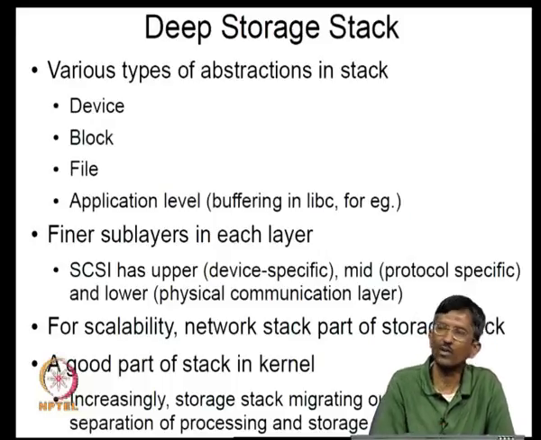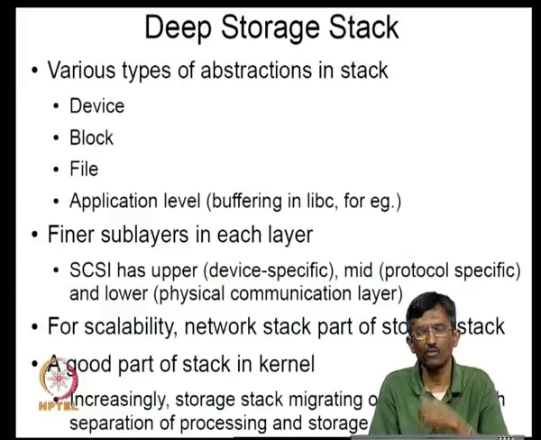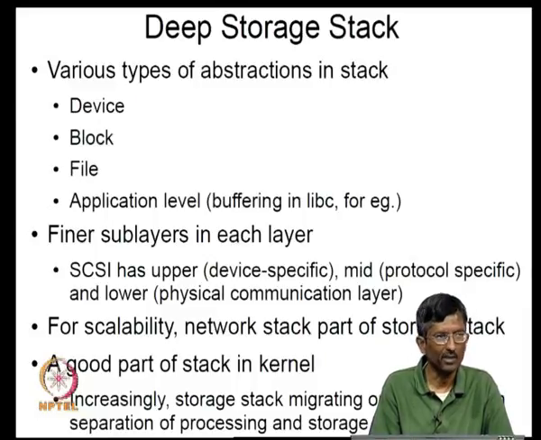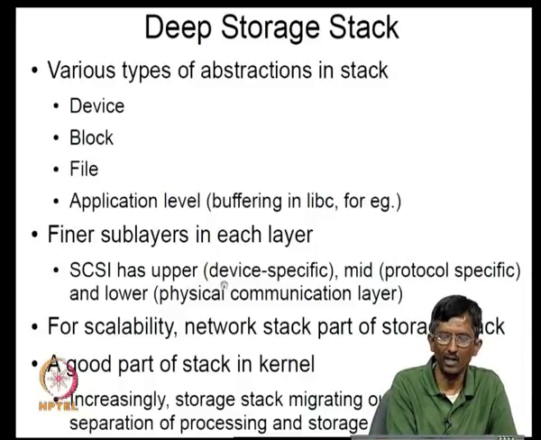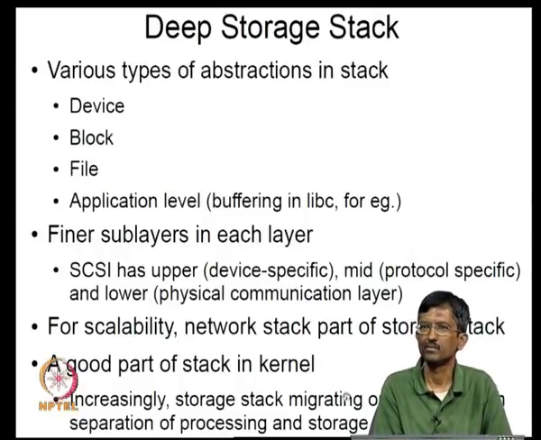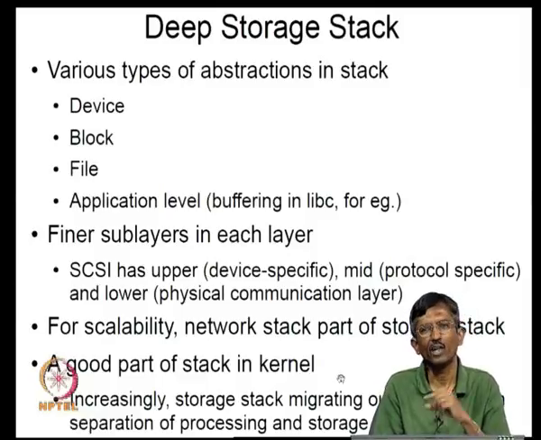For example, a disk can be what is called a SCSI disk. And it turns out SCSI has itself multiple layers in it. For example, SCSI has what is called an upper layer, mid level and lower level. The reason it is like this is because SCSI itself is a very generic protocol. I think you might be aware of this because nowadays you get USB sticks.